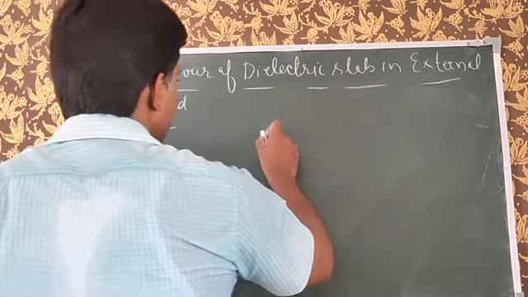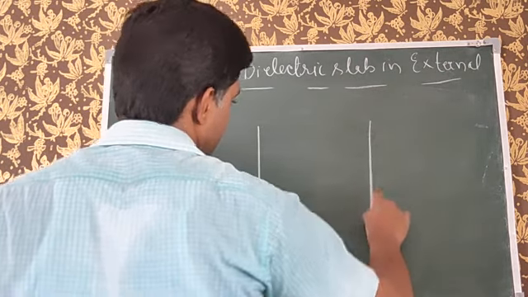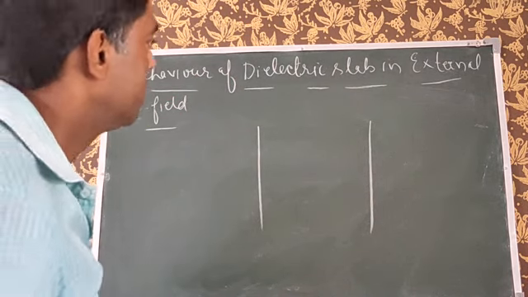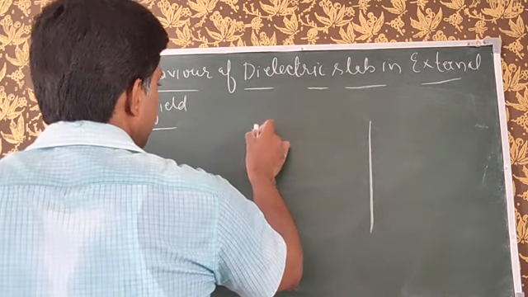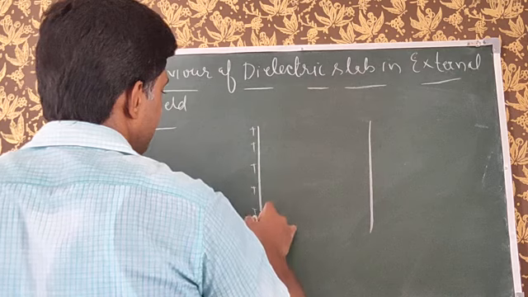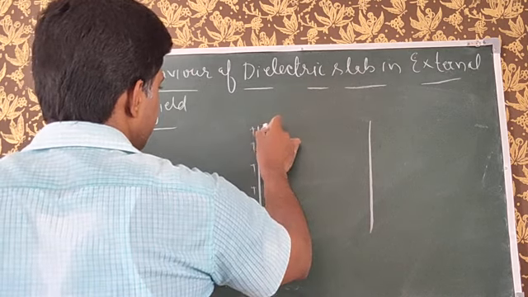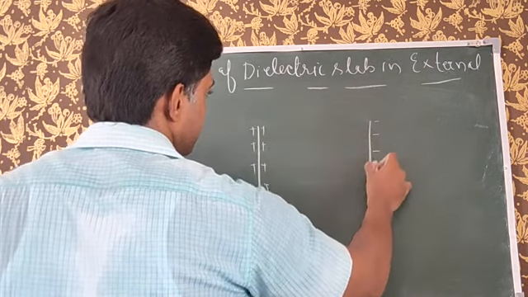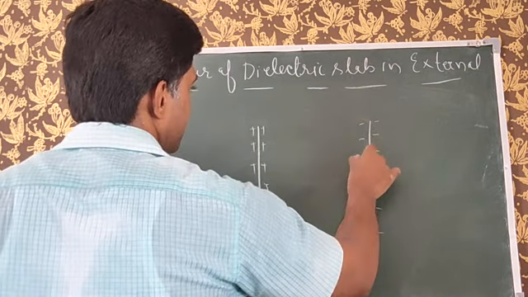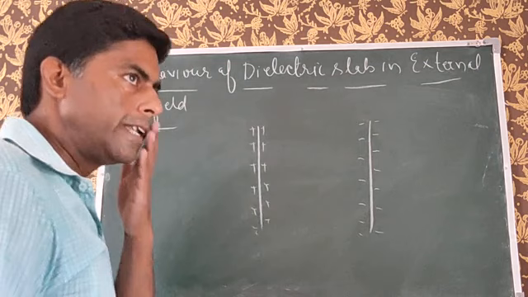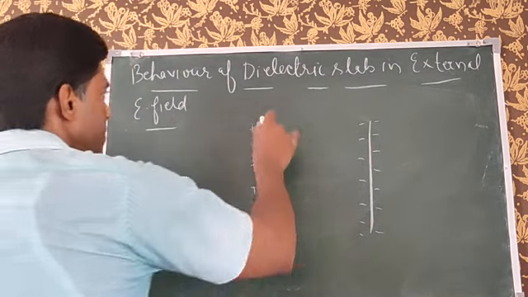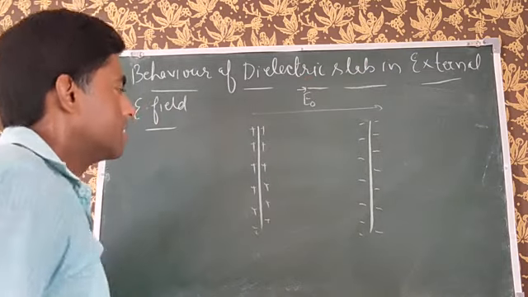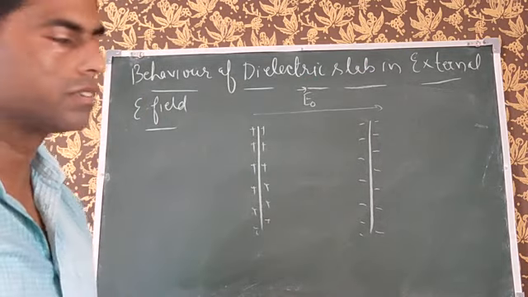Now in order to study the effect of the electric field, let us consider two charged plates placed parallel to each other. Due to this, an external electric field acts from positive to negative charge, and let the external electric field be E naught.